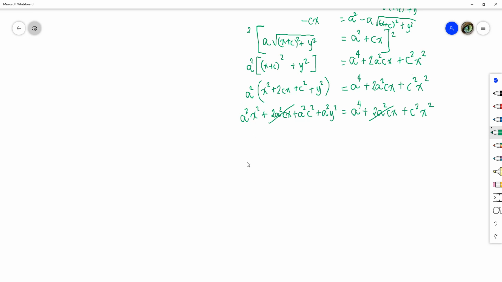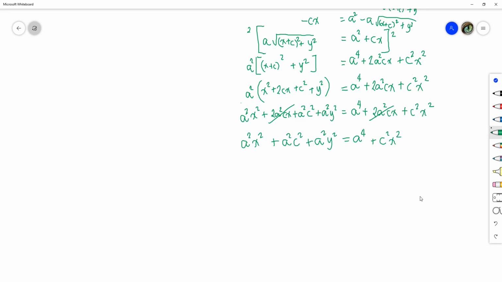So what remains is we have a squared x squared plus a squared c squared plus a squared y squared equals a to the fourth plus c squared x squared.